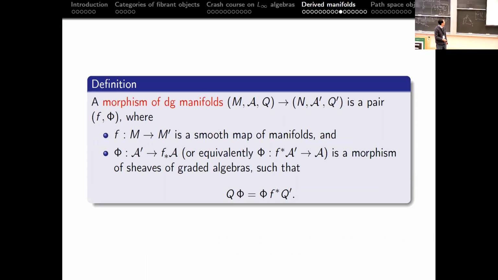Suppose in this previous example you take a section of the vector bundle which is transverse to the zero section. That cuts out a smooth manifold, right? Is that equivalent to the total space of the vector bundle equipped with this element? That is a weak equivalence. But then you have a map going in one direction.